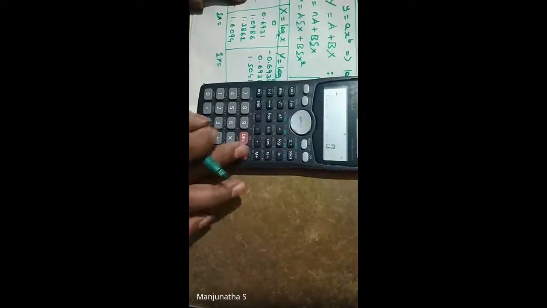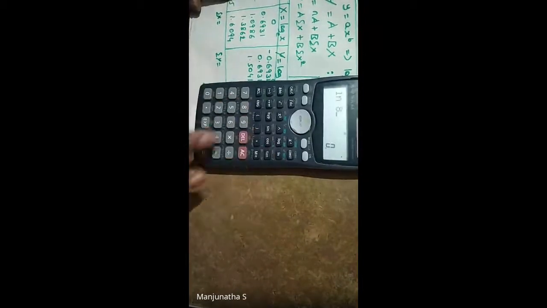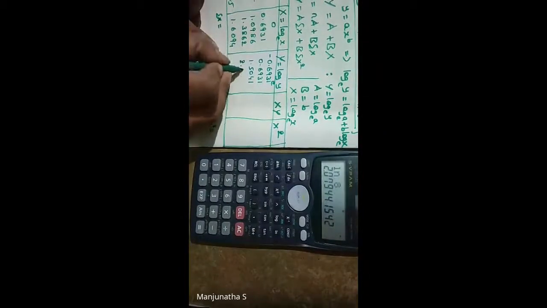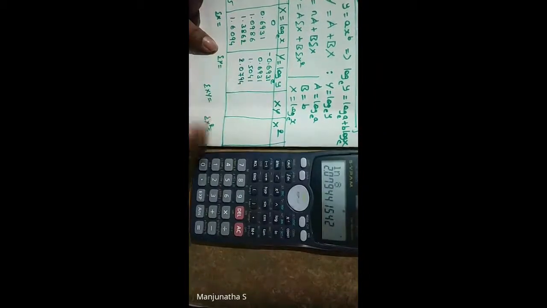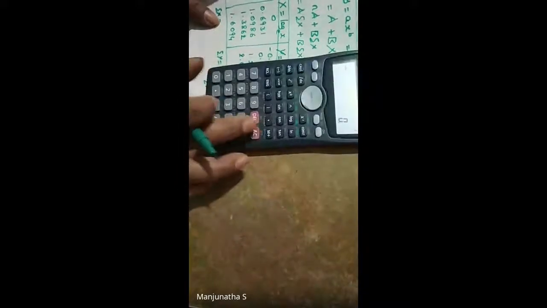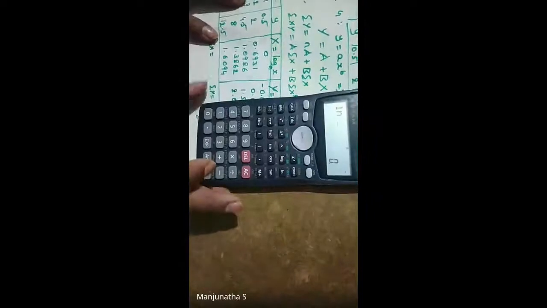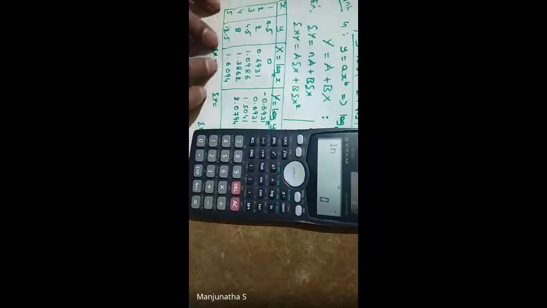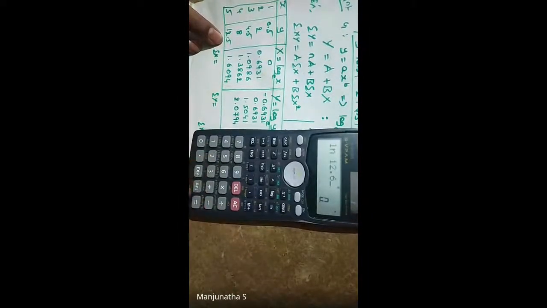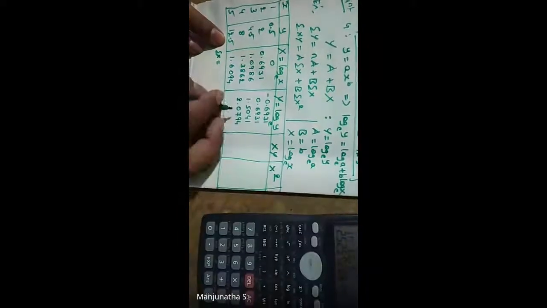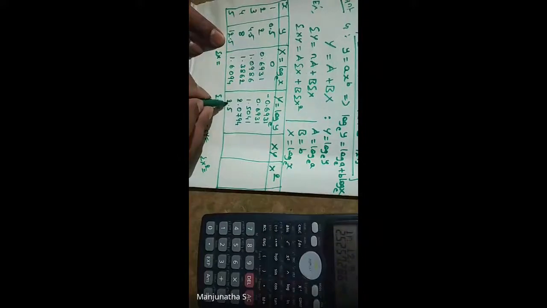Next, ln 8, 2.0794. Next, ln 12.5, 2.5257. Okay, so we got all the values now.